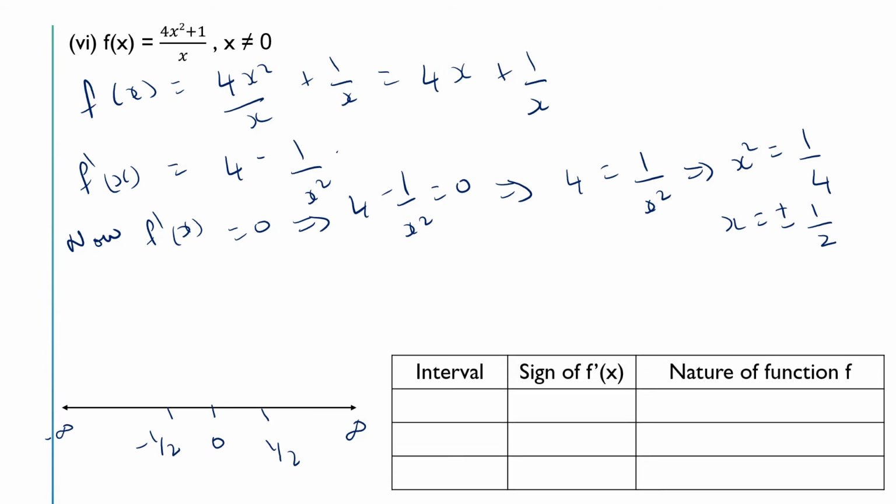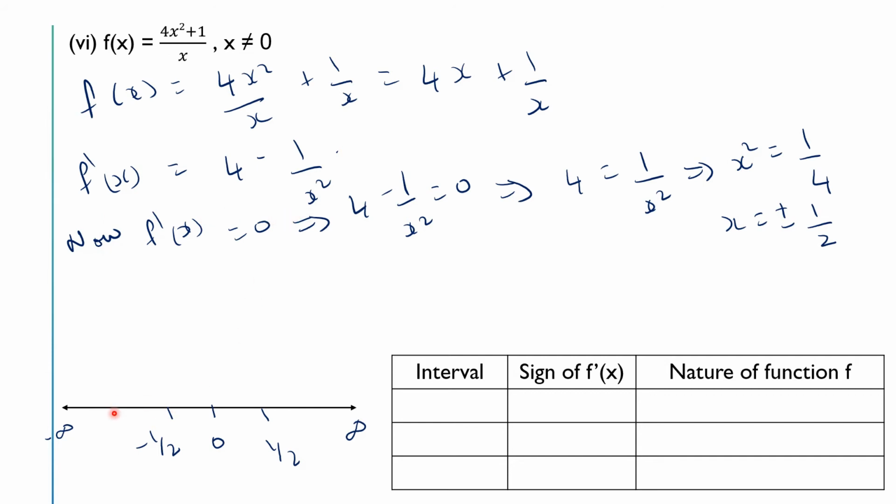Here in all these intervals, we will examine the sign of f dash of x, and then we can say the function f is either increasing or decreasing based on the sign of f dash of x. Now when we consider the interval minus infinity to minus half, here we have f dash of x equal to 4 minus 1 by x square.